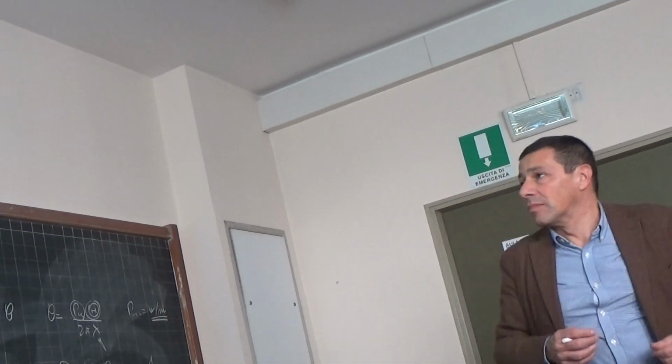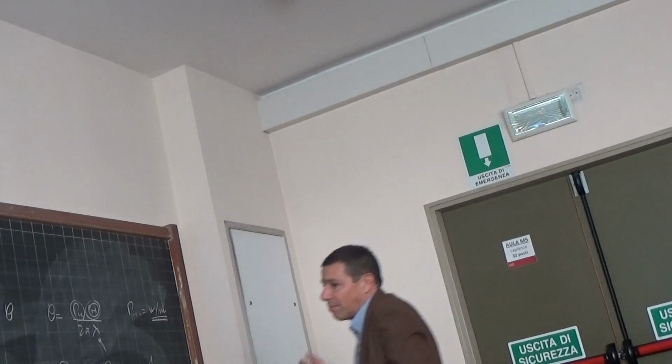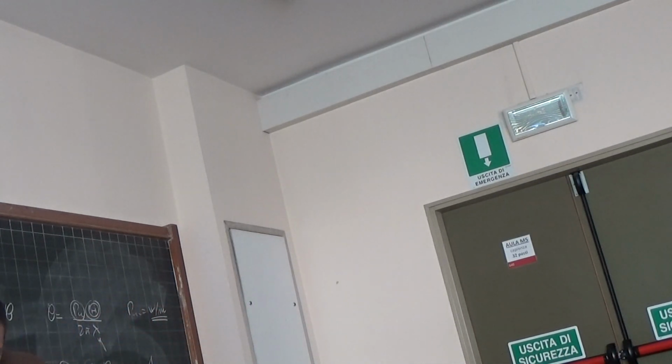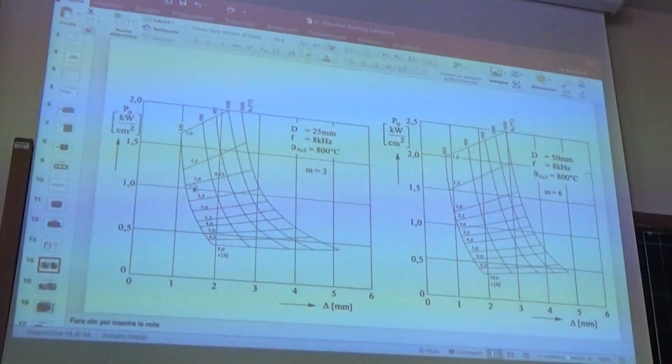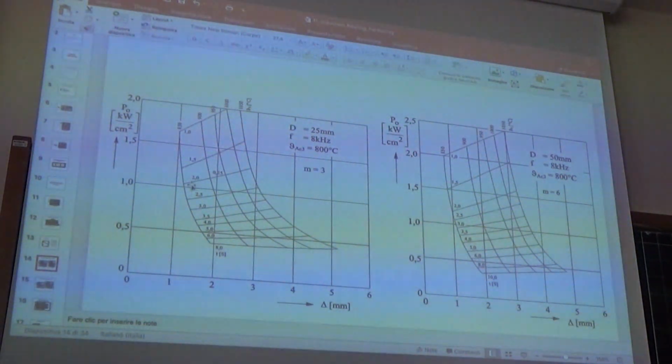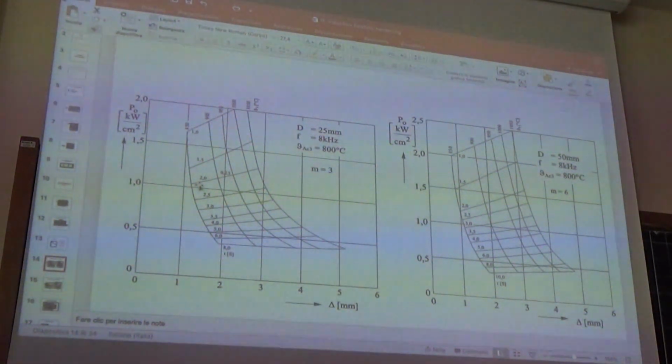So, this is what's happening. And this is, let me say, the summary of the procedure that we have applied in the previous slide. So, if we do such a kind of procedure for a lot of parameters, we are able to draw such a kind of abaci.